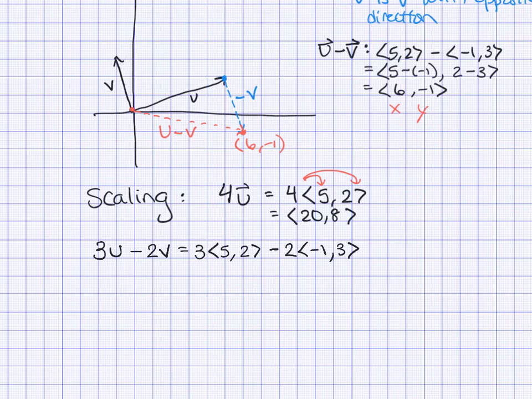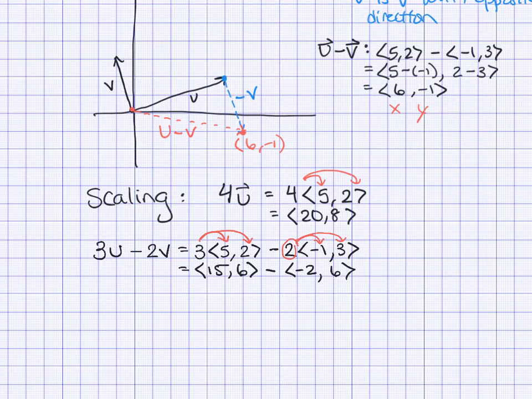So first thing I'm going to do, order of operations, I've got to do my multiplying, figure out my scaling. So I'm going to multiply this 3 in here. And when I multiply in the 2 for my vector v, I can multiply in negative 2 and turn this into an addition problem, or I can just multiply in the 2 and leave it as a subtraction problem. So I think I'm just going to multiply the 2 in, and that's going to give (15, 6) minus (negative 2, 6).